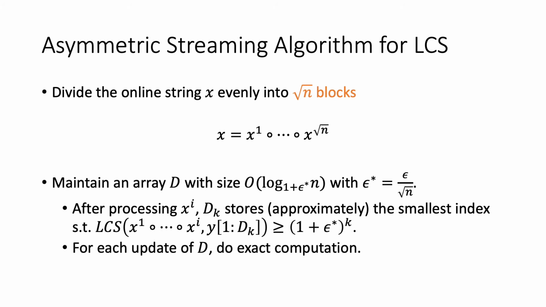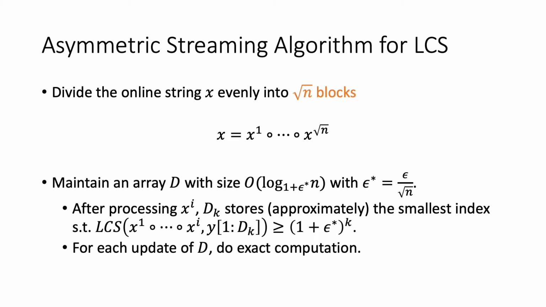We now introduce our algorithm for LCS. The algorithm first divides the online string X evenly into square root n blocks. It maintains an array D with size log n with base 1 plus epsilon star. Here, epsilon star is picked to be epsilon over square root n. So if epsilon is a constant, the size of this array D is roughly square root n.